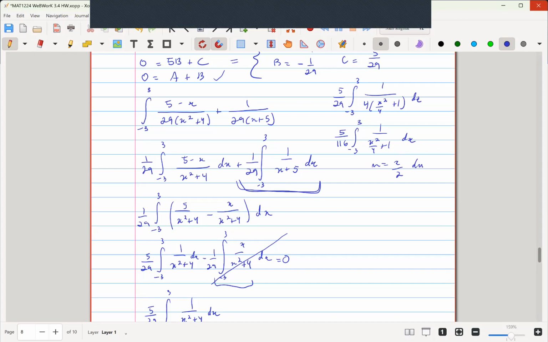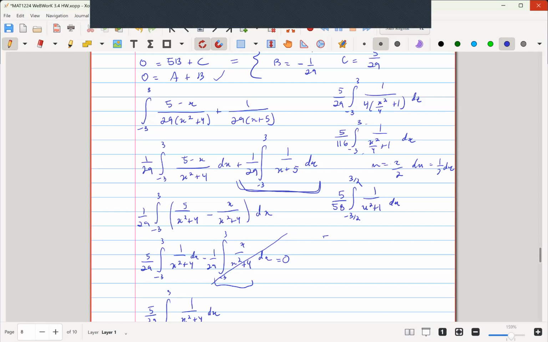And our du is equal to 1/2 dx. It's going to give us new bounds of u of -3 over 2 and u of 3 over 2, respectively. So, plug that in, 5 over 58, integral of -3 halves to 3 halves of 1 over u squared plus 1 du.